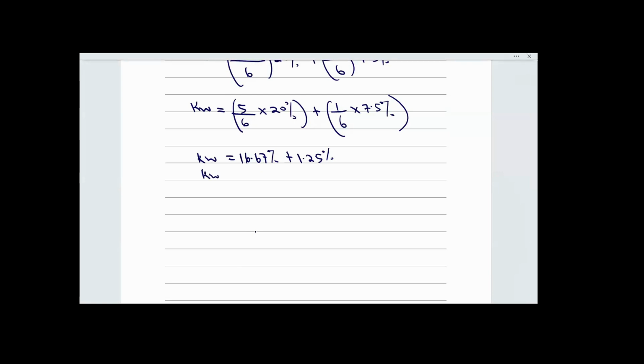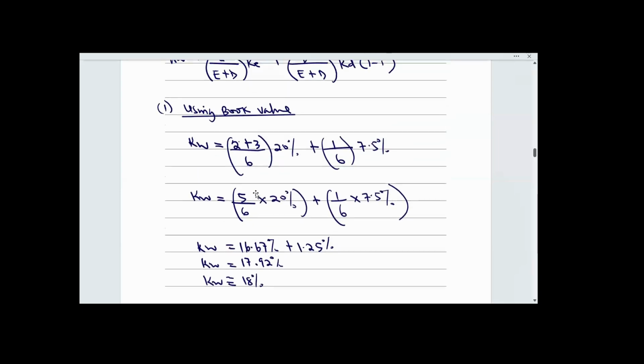When you add the two together, that gives 17.92%. So using book value, WACC is approximately 18%. This is how to calculate weighted average cost of capital using book value.